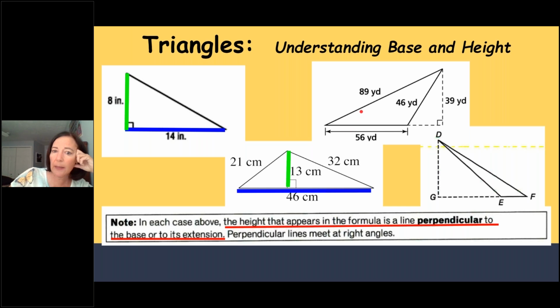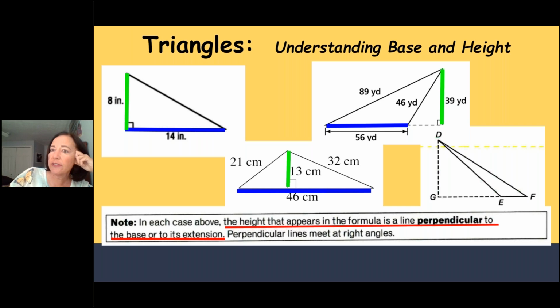Now this triangle up here, the base is easy to identify, the side that it's resting on, but the height this time is shown to the far right of the figure.